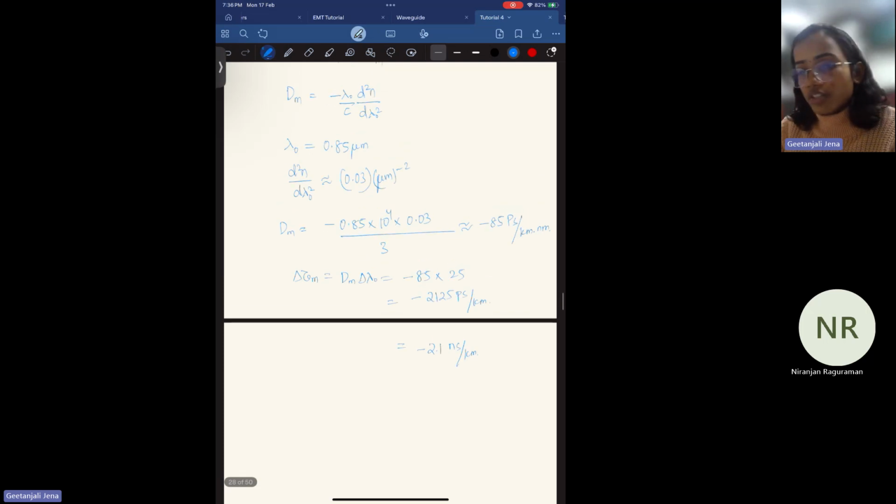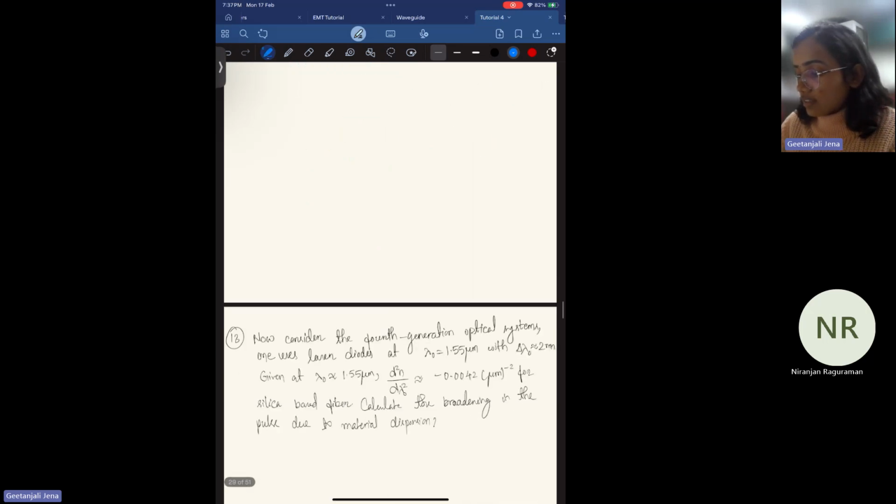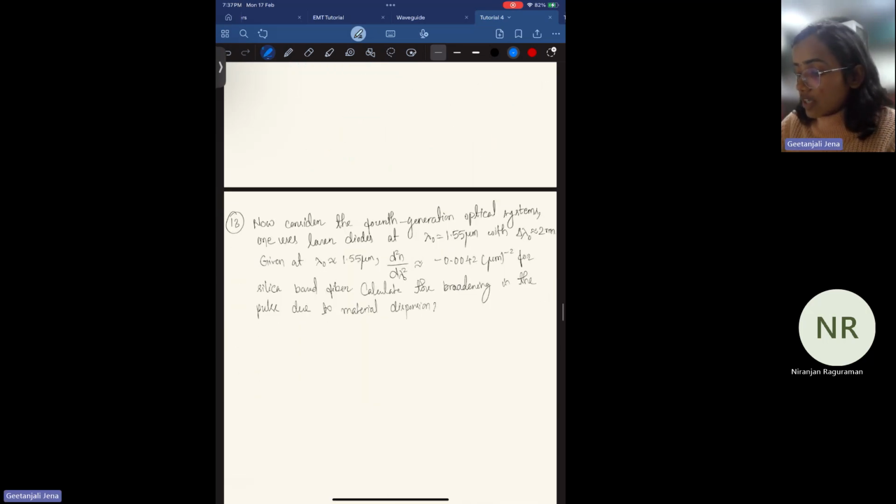So in the first generation, we have LED, which has a higher value of delta lambda 0, and the material dispersion will be around 2.1 nanosecond. Now let us see what will happen when we use laser instead of LED.